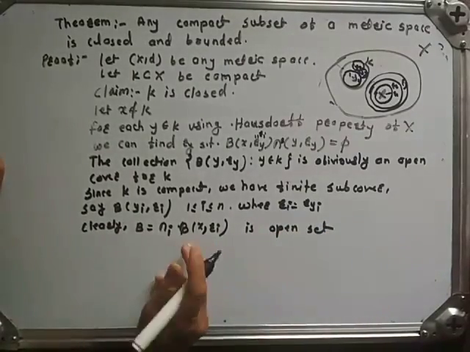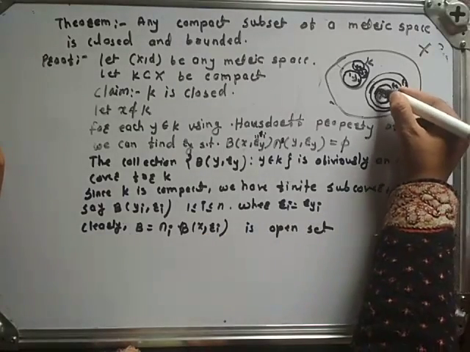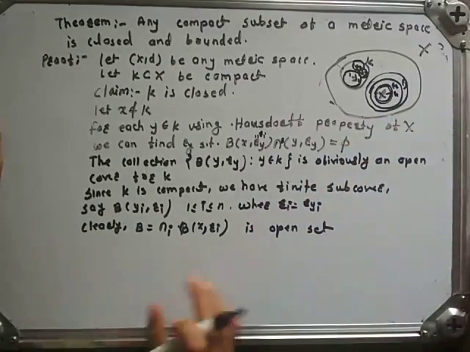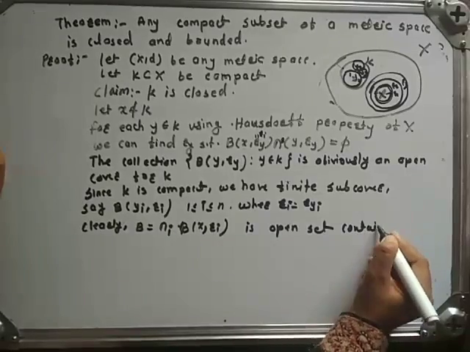Obviously, this intersection of B of x comma Ri is an open set, which is containing x.